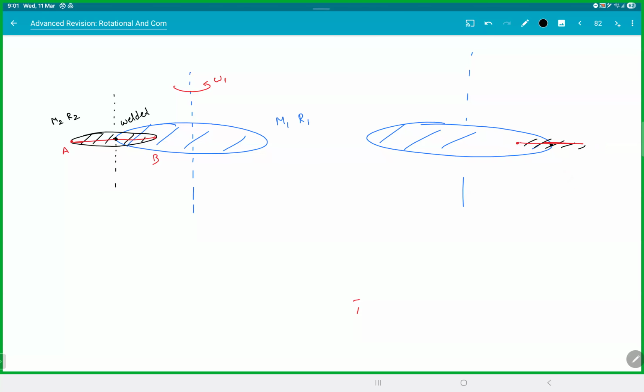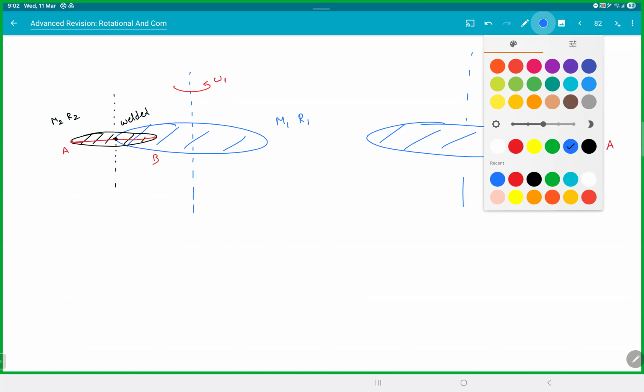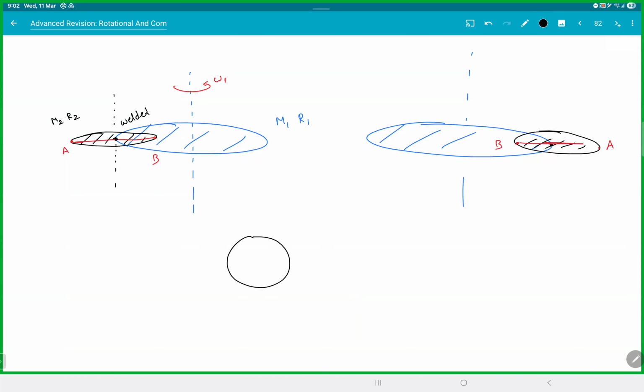Now how will the points be? This will be A and this will be B. Make sense? So can I think of the scenario like this? So first the disk, A and B. So I will assume like this. I will think like this. The center of mass has traveled here.